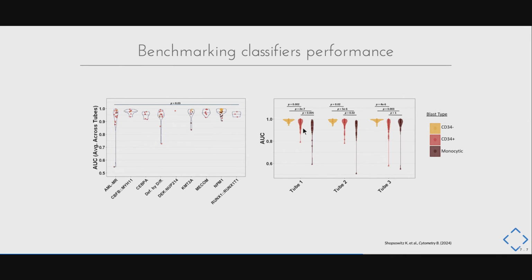Our model does best detecting CD34-negative blasts across all three tubes. You can see we achieve a very high AUC score, and the cluster is very tight. Monocytic AML cases have a better chance of being picked up by the classifier based on tube 3 data, which is here. It's kind of understandable.